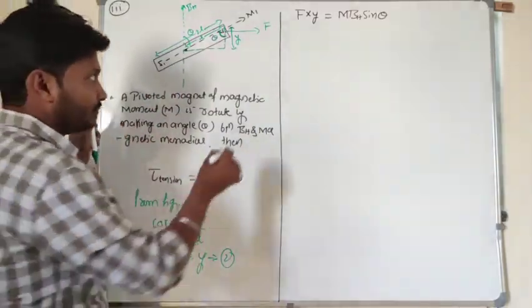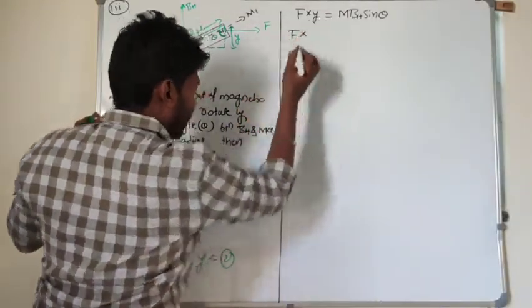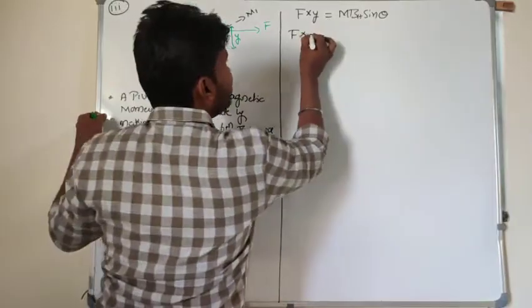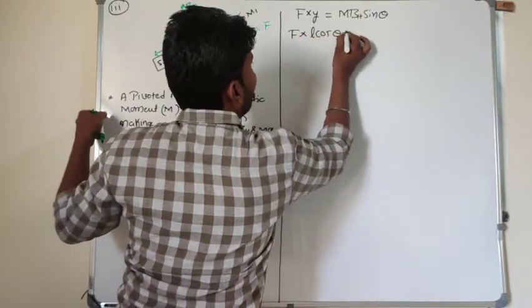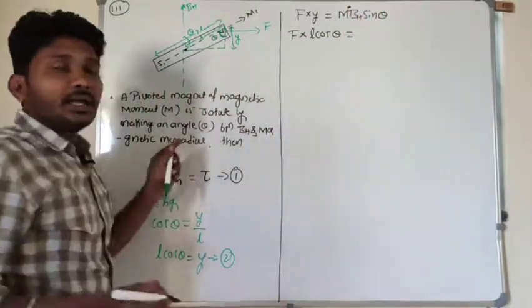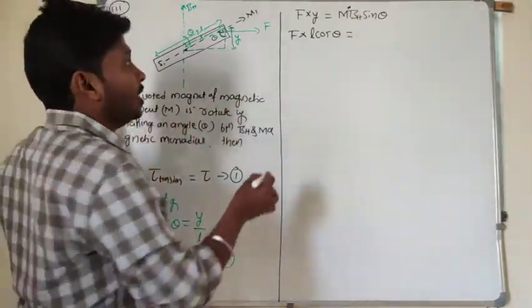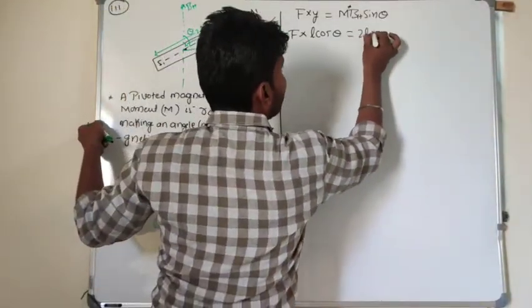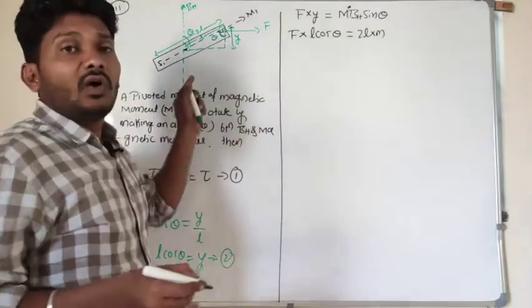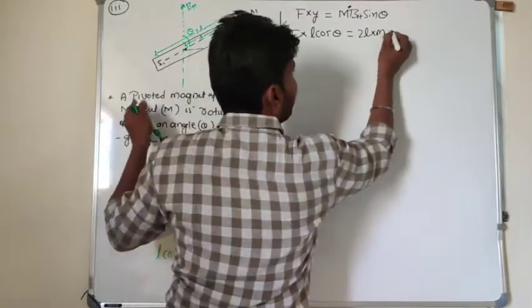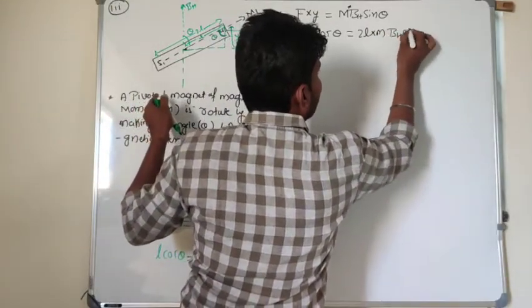Perpendicular distance I will take as L cos theta, where capital M means the magnetic dipole moment. So I can write it as 2L into m, where small m represents the pole strength, into B_H sin theta.